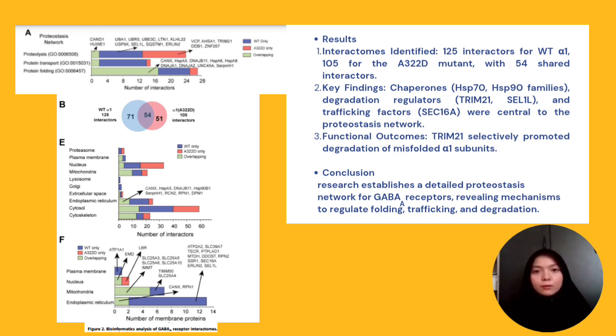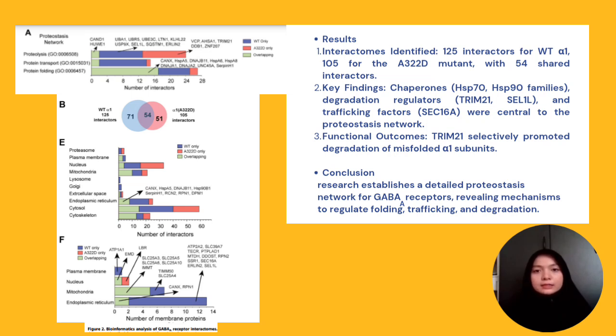From the bar graph figures E and F, you can see the breakdown of interactors across cellular compartments, including the proteasome, mitochondria, and endoplasmic reticulum, emphasizing their role in protein folding and trafficking. The bioinformatics analysis also highlights processes like proteolysis, protein folding, and transport.